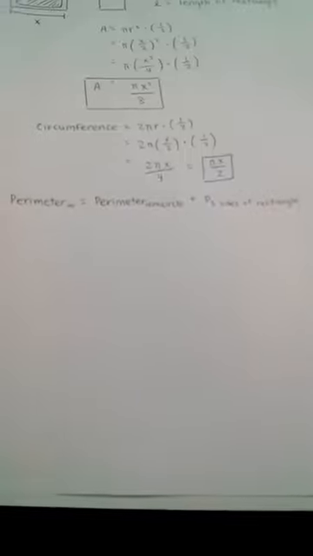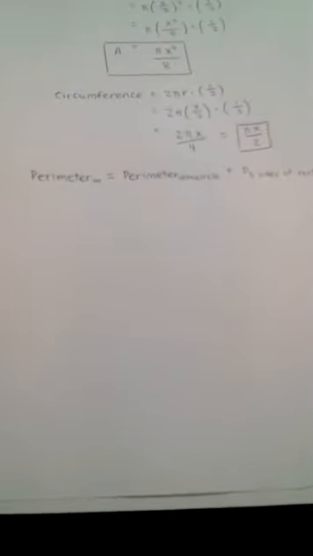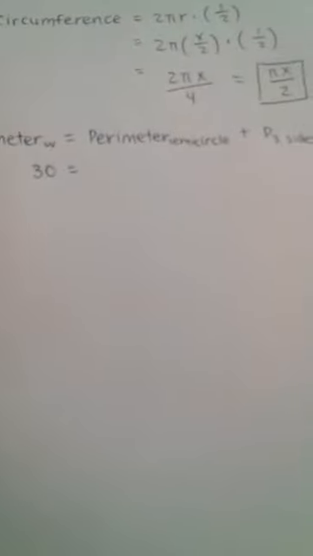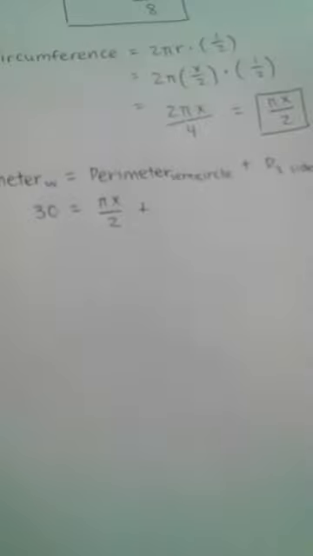And so if we sub in all of our values, one of the given values is the perimeter of the window, which is 30 feet. So we put perimeter of window as 30 feet, and then perimeter of the semicircle we found was pi x over 2. And we add that to the perimeter of the 3 sides of the rectangle, which is given as x plus 2 times the length.